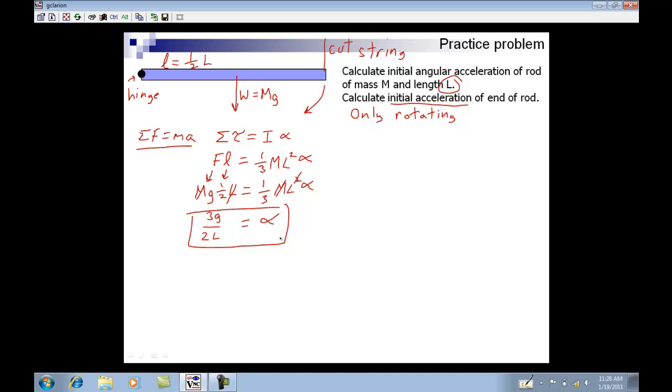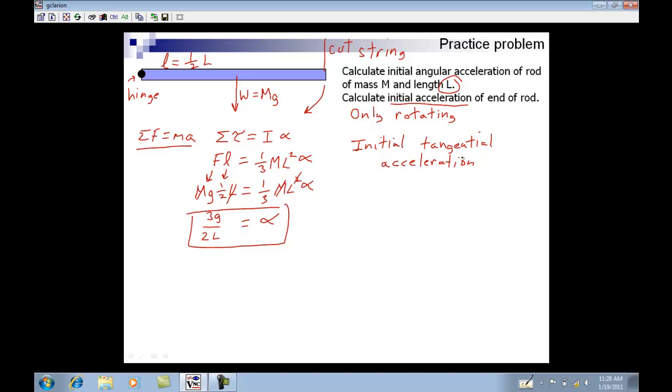What's the bridge for accelerations? Let's also find the initial tangential acceleration. Well, what's the bridge for that? You guys have that written down? Good.